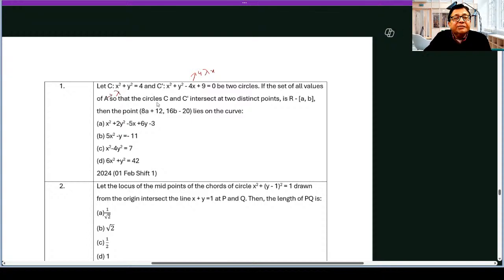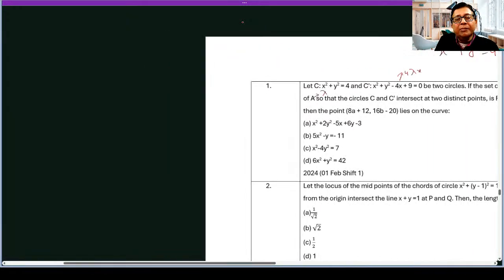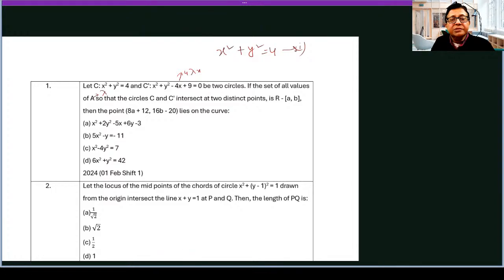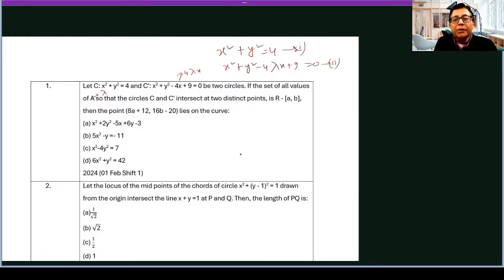Circles C and C dash. You can recognize the two equations: x square plus y square equal to 4, and x square plus y square minus 4 lambda x plus 9 equal to 0. These are two circle equations, number 1 and number 2. Find all the values of lambda so that the circles intersect.